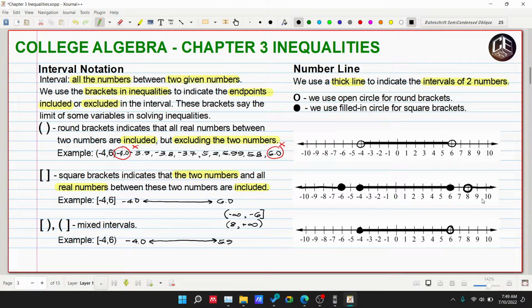Yan. So ibig sabihin nito, lahat ng real numbers or real positive integers, pero excluding the positive 8, yun yung lahat ng values ng ating inequalities. Yun ang ibig sabihin nito, positive inequalities. So, ano napansin niyo? Okay, ano ba napansin niyo dito?